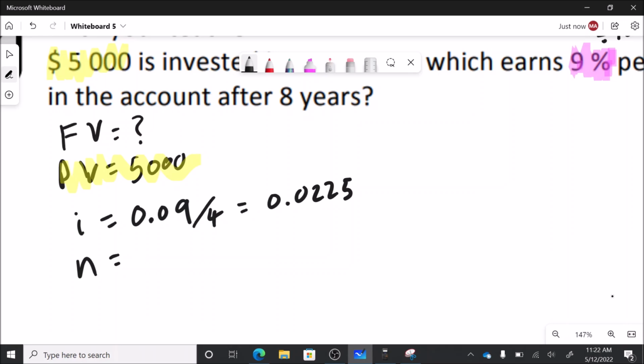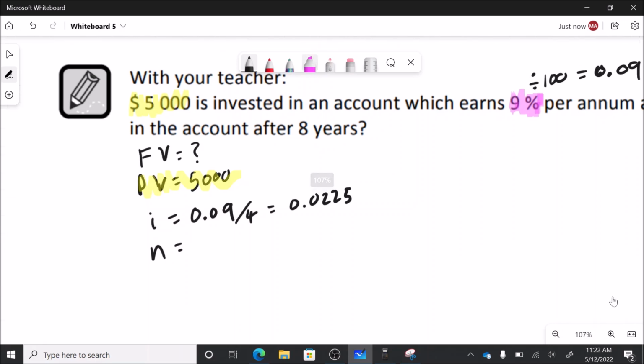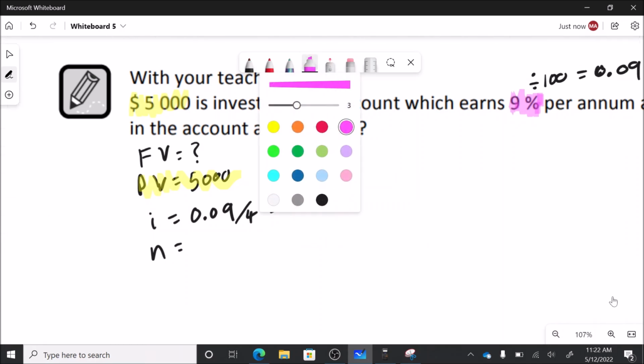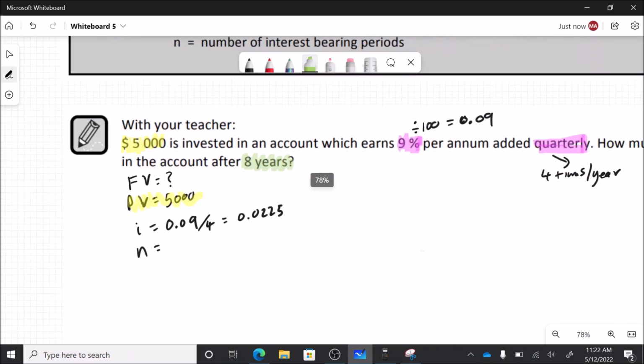Okay, number of interest-bearing periods. We're thinking time here. We've got the time in years over here, 8 years. Once again this is 4 times each year.